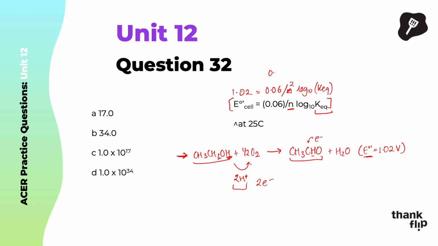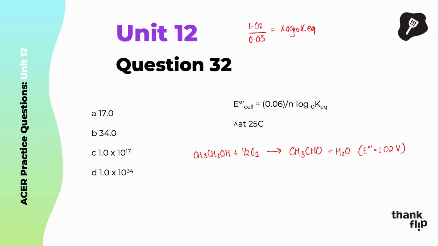So we know that this is 0.03. And then I'm going to divide it on both sides. So I would do 1.02 divided by 0.03, and then I've divided this side by 0.03 too, so I can cancel that out and go log 10 KEQ.